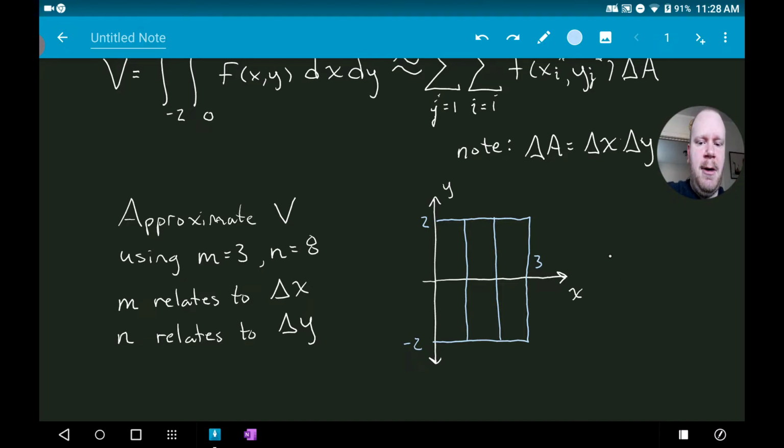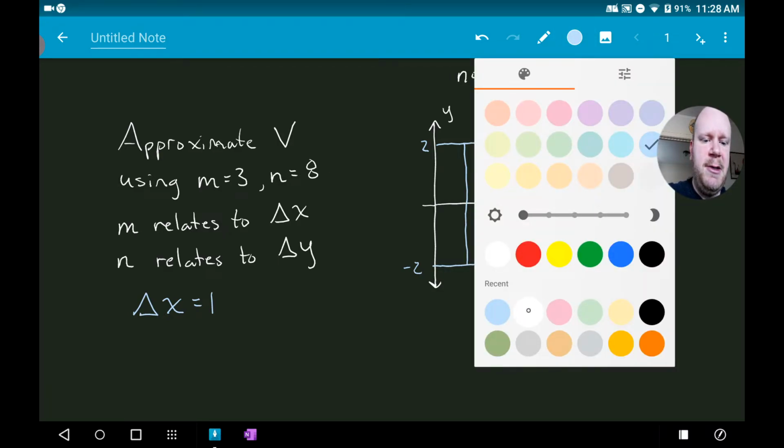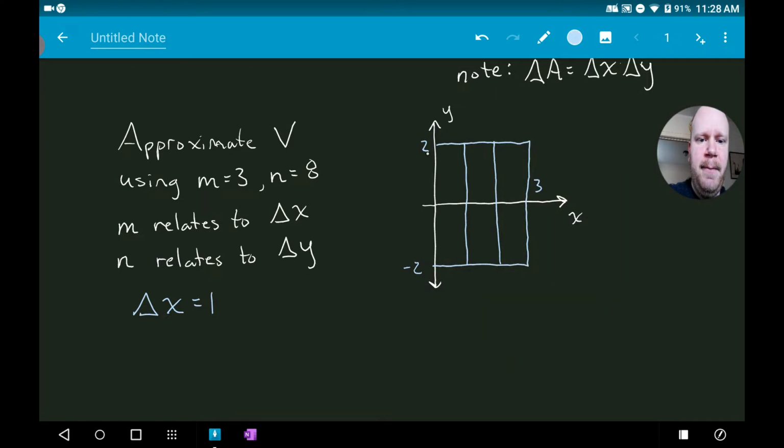So we can say here that delta x is equal to 1. For n, you might just be able to kind of guess your way into figuring this out, but the consistent way to figure this out is to take the entire length of this y direction here, which, being super technical about it, this is going to be 4, right?